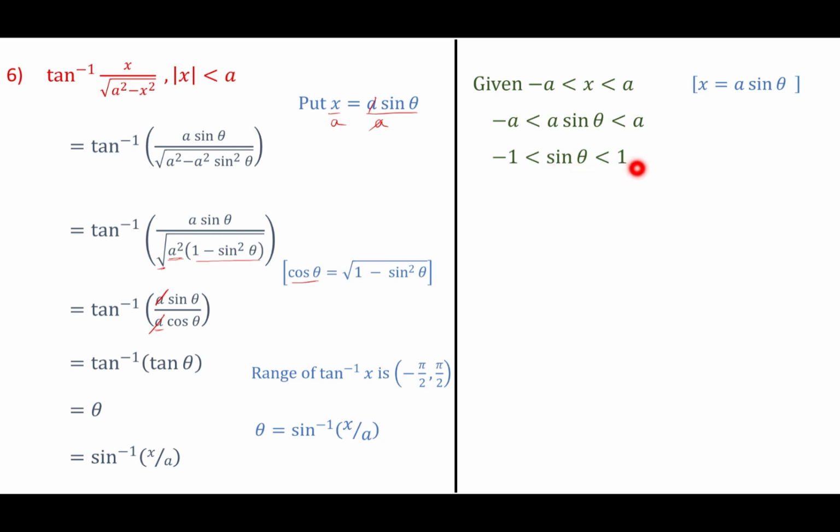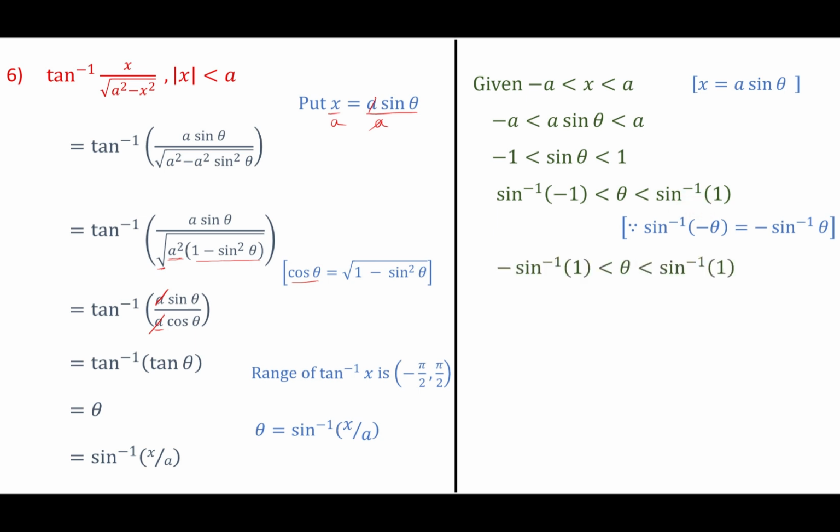Now, apply sine inverse throughout the inequality. Sine inverse of minus 1 is less than theta, because sine inverse of sine theta is theta, and sine inverse of 1. We know that sine inverse of negative theta is negative sine inverse theta. So here, negative sine inverse 1 is less than theta, less than sine inverse 1. And we know at what angle sine is 1: sine 90 is 1, pi by 2.